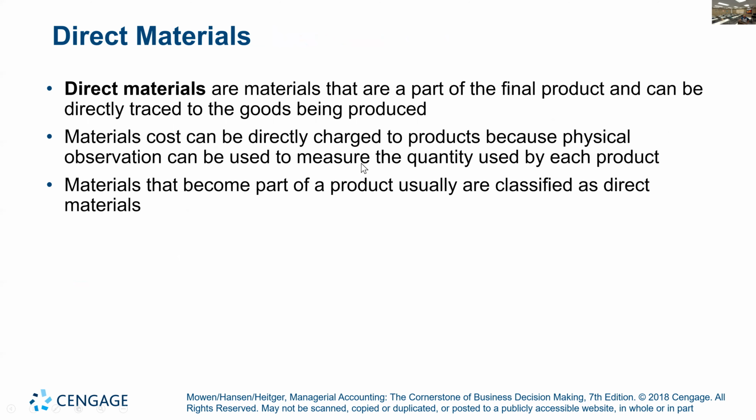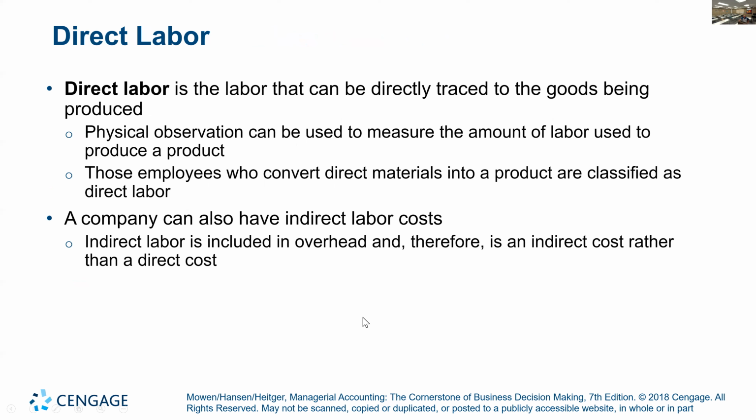All right, but all of those have to go in there. So direct materials, what I said, our final product can be directly traced. Direct labor is labor that can be directly traced to the goods being produced. So that's the person working on the assembly line, and you can trace it to that batch of work. But there's also indirect labor.